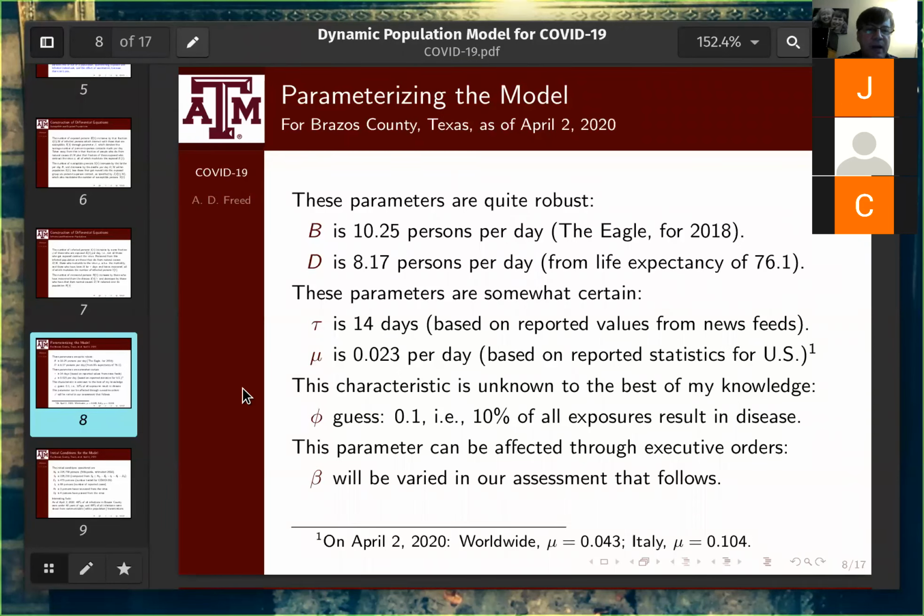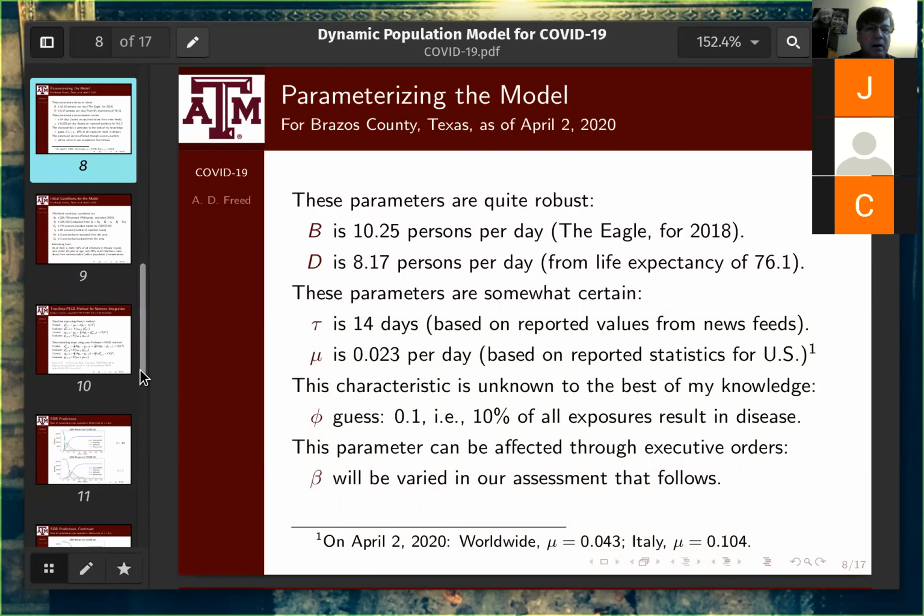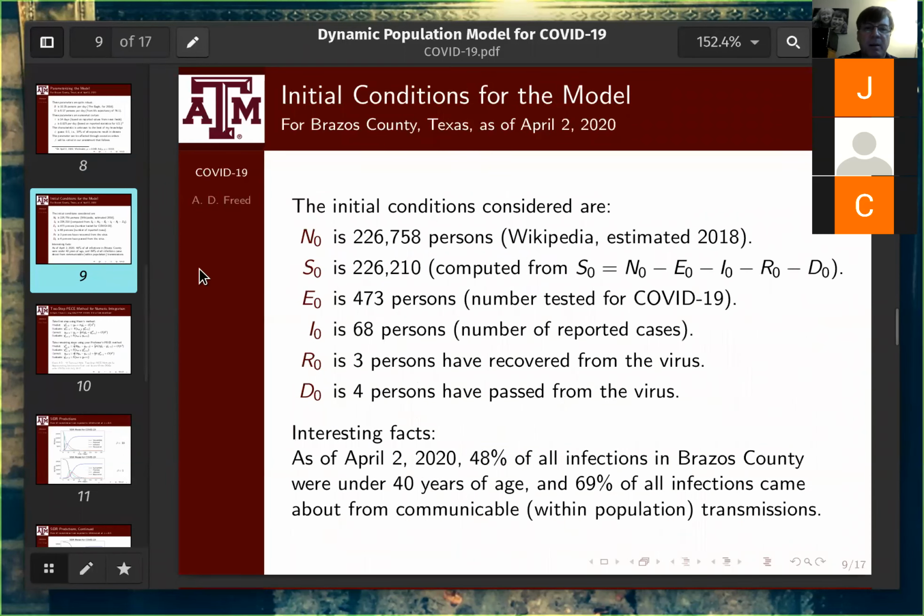And it's that parameter which our government officials are trying to affect by their statements or by their policies.